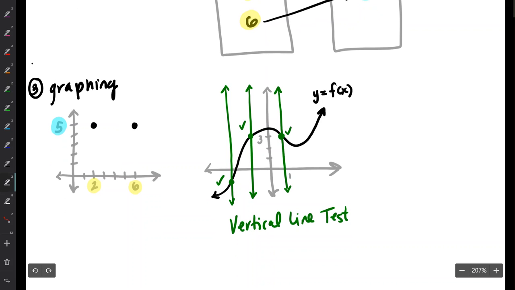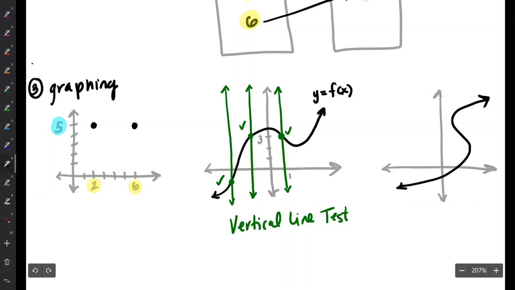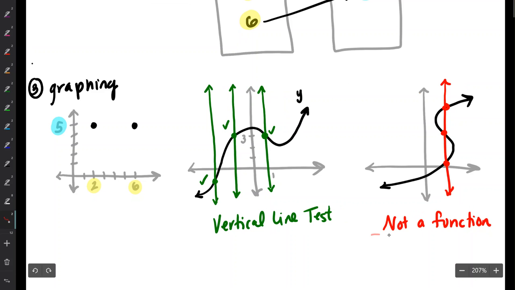But if you have a graph that fails the vertical line test, like this, for an example, how about right here? You see that we've got more than one intersection, right? This fails. This is not a function. Okay? Just moved that over so it fit.